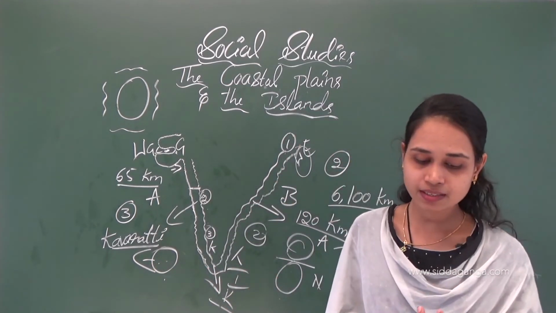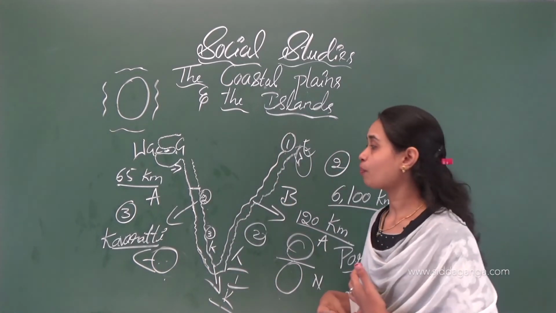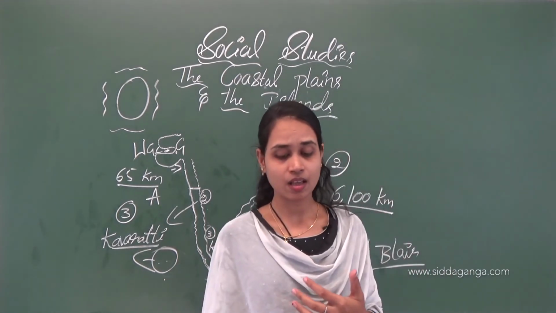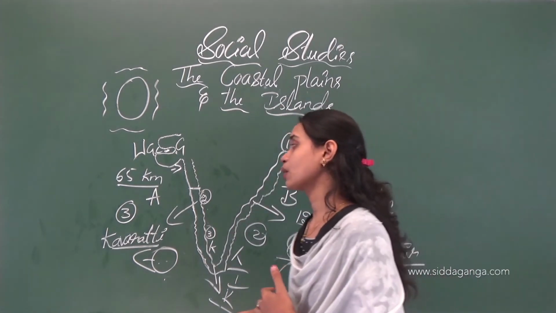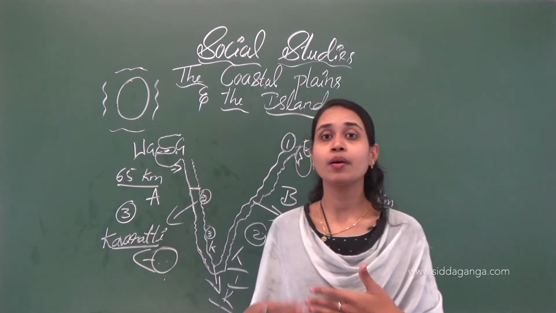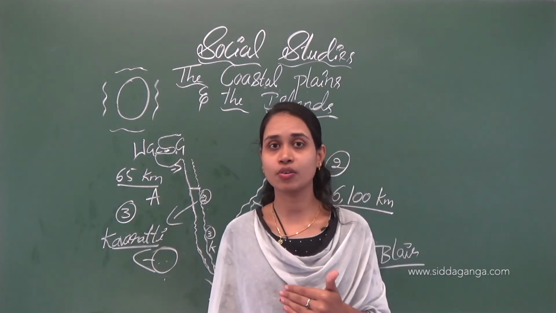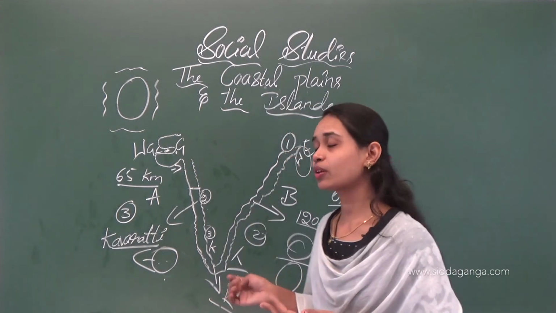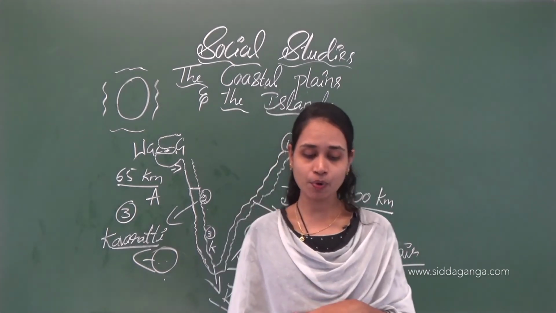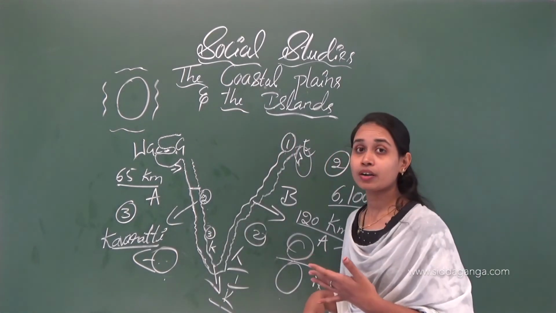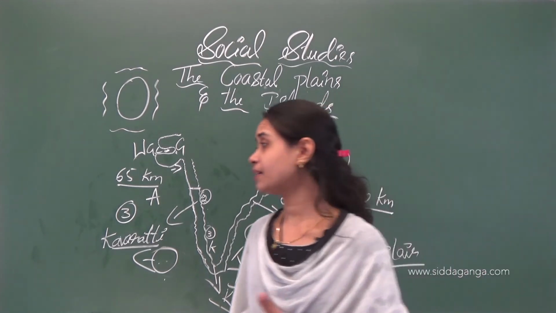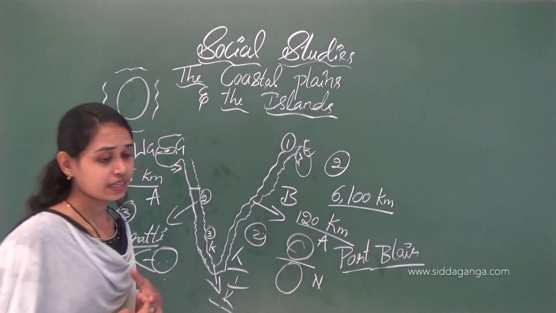Next, there is space for developing ports for transporting goods, and it is also easy for transporting goods. So that's why the coastal line is very important. And here there is fishing and other marine activities, isn't it?